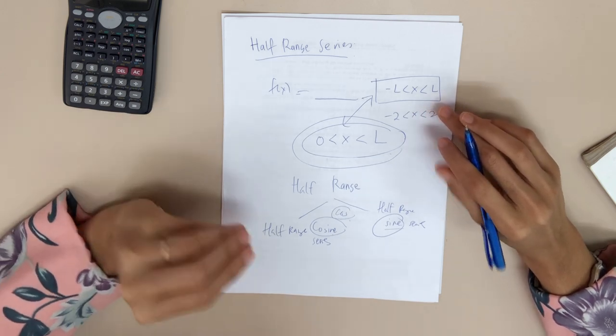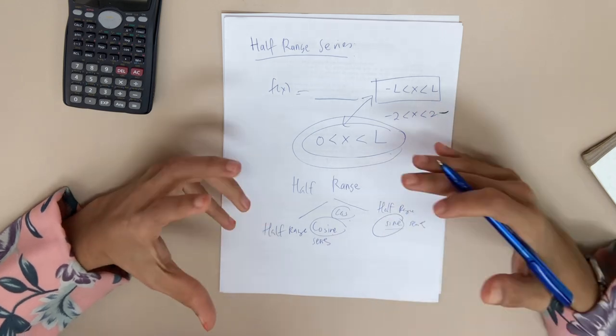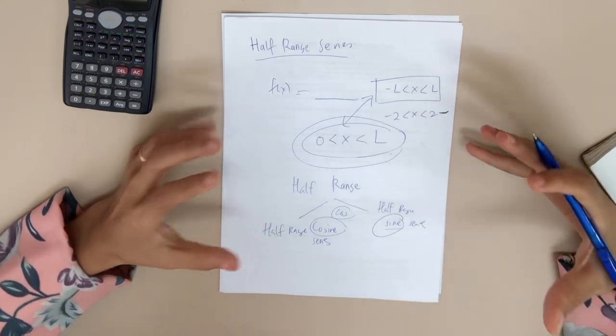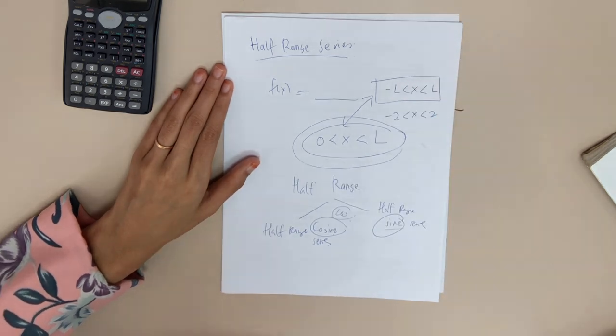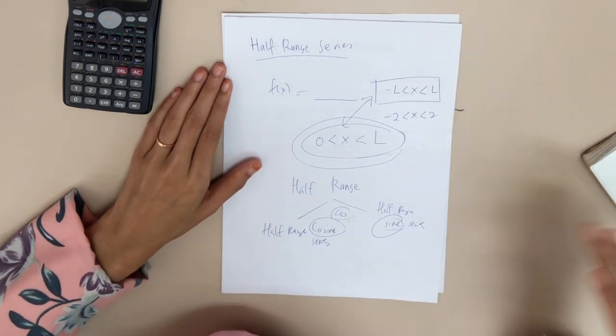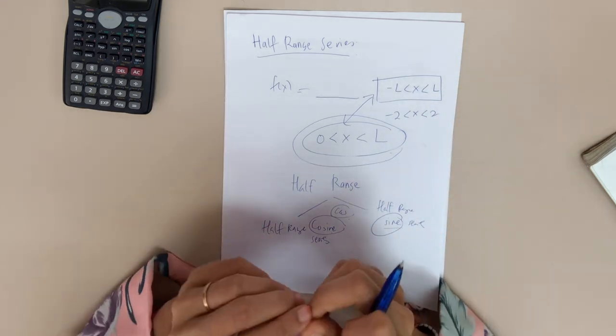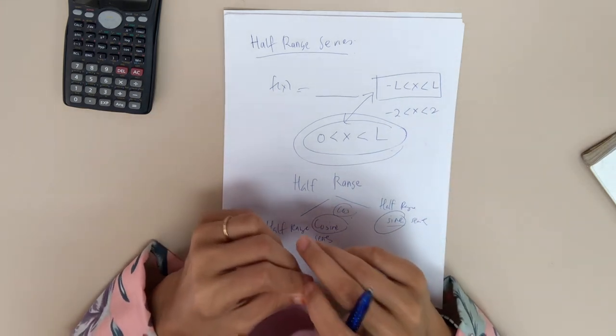It is just the introduction: what the half range series itself is. I already explained it, so you can do the examples. You can refer to the slides.